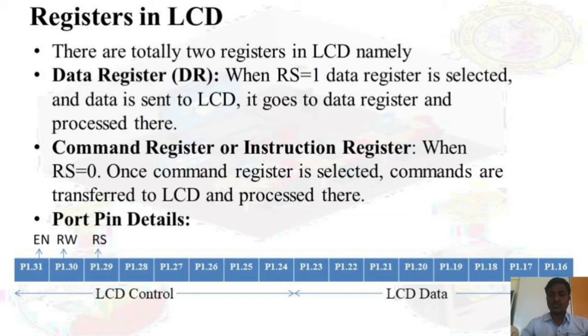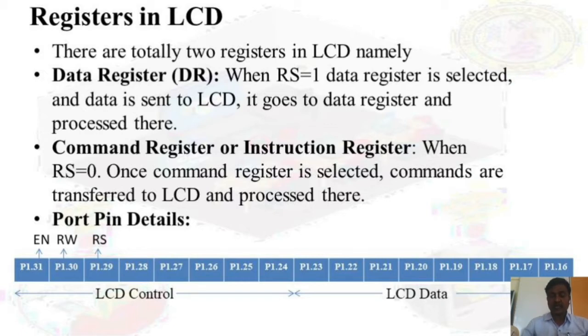It goes to the data register and is processed there. The second register in the LCD module is the command register or instruction register. When RS equals 0, the command register is selected, and the commands are transferred to the LCD and processed there.